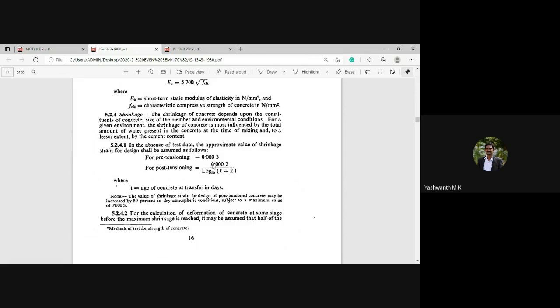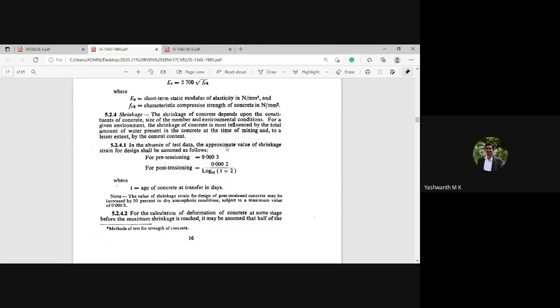When you are going to use the formula, this is the formula you are going to use: epsilon cs multiplied by Es. For example, if the data mentions the residual shrinkage strain, epsilon cs, then you can multiply that value by the modulus of elasticity of steel, which is given in the problem, and there you will get the loss of pre-stress due to shrinkage.